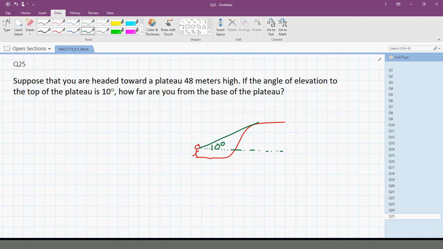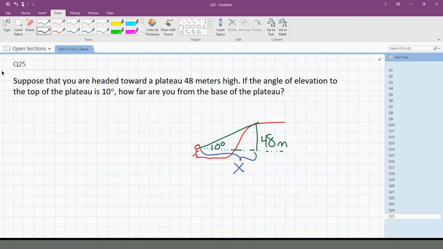And then they also told us one more thing. We are headed to a plateau that is how tall? 48 meters. They want to know how far we are from the base. So they want this piece of information right there.